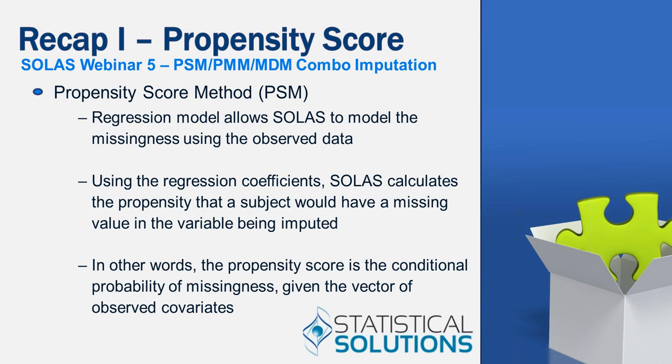In other words, the propensity score is the conditional probability of missingness given the vector of the observed covariates. So given the observed covariates and the regression model, we can calculate a propensity that a case is going to have a missing value, and we can impute. So that was the propensity score method.